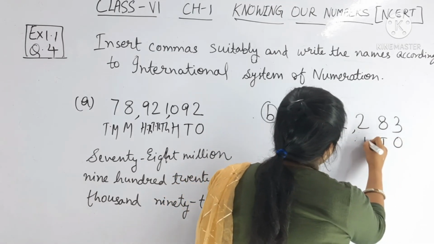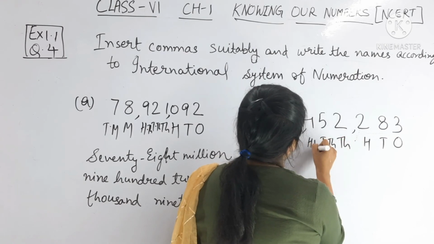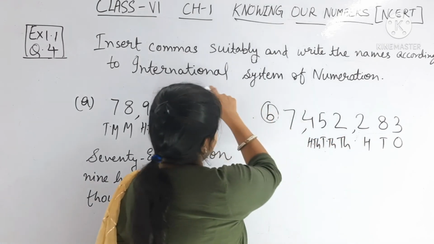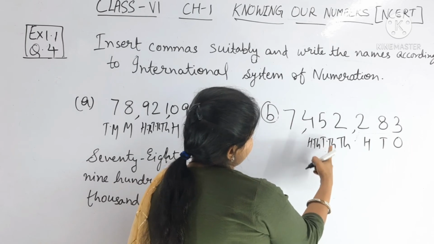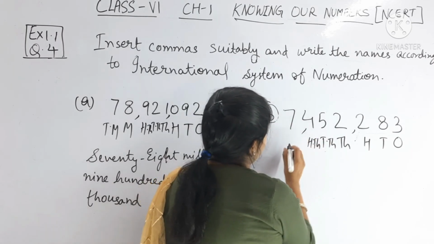Ones, tens, hundreds, thousand, 10,000, then 100,000. Because it is the international system, we have to write after 10,000, 100,000, not lakhs.